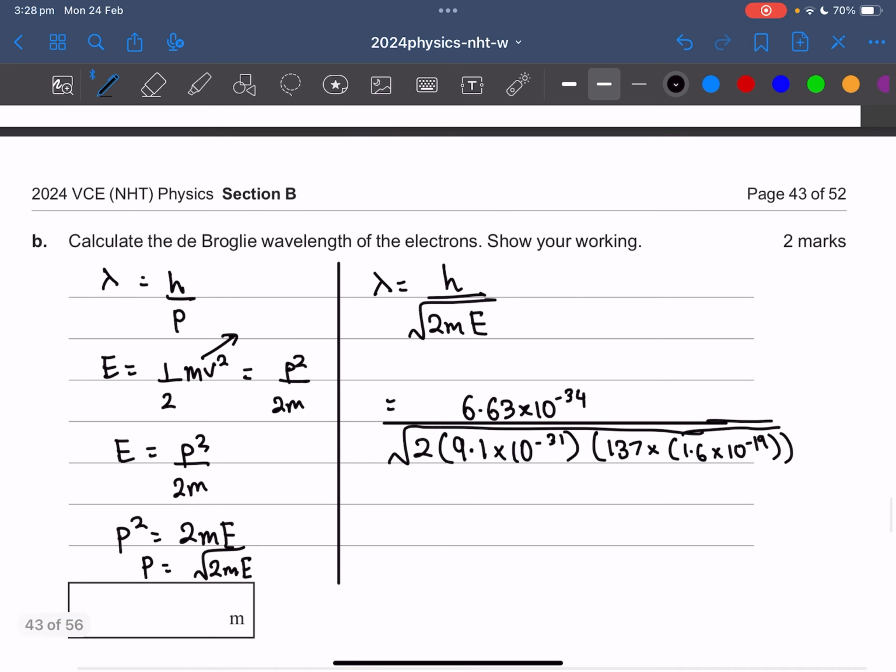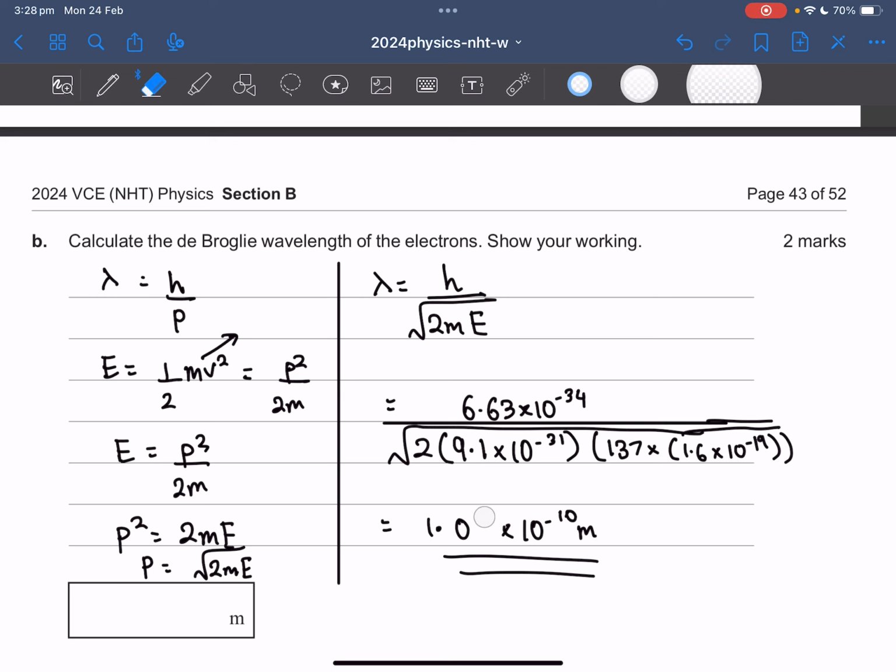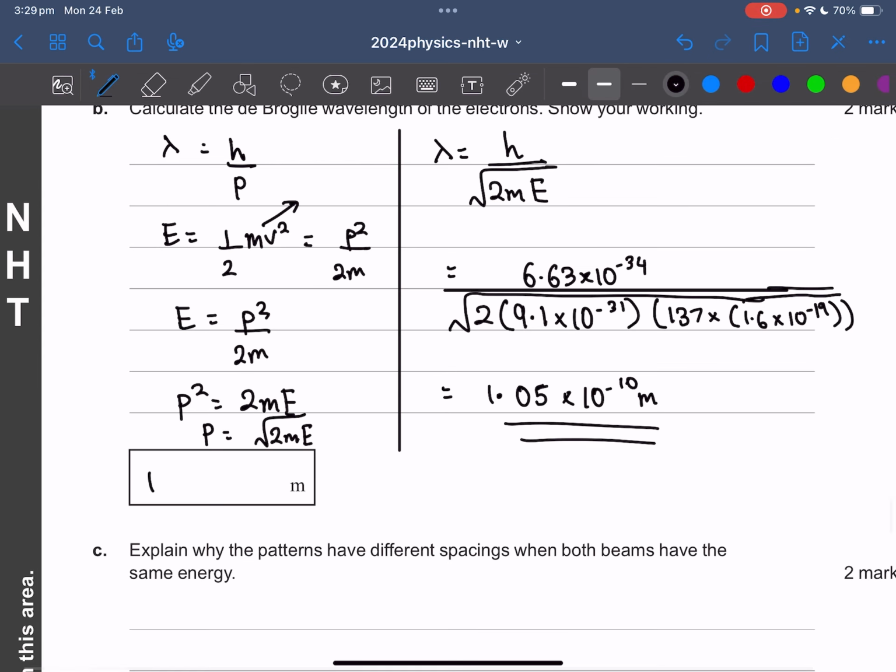Okay, so I get 1.04 times 10 to the minus 10 meters. Well, 1.05. Okay, so 1.05 times 10 to the minus 10.